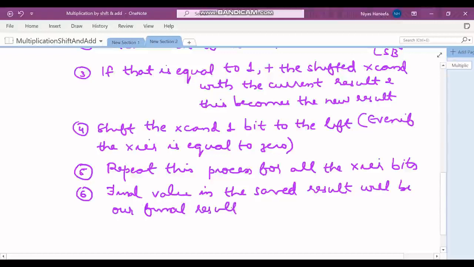So this is the logic. It is not very complicated. The only thing is you have to understand that basic principle. You can understand it by writing it on a piece of paper and trying to understand by yourself how exactly it is working.